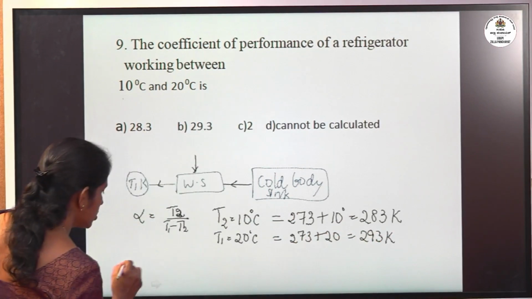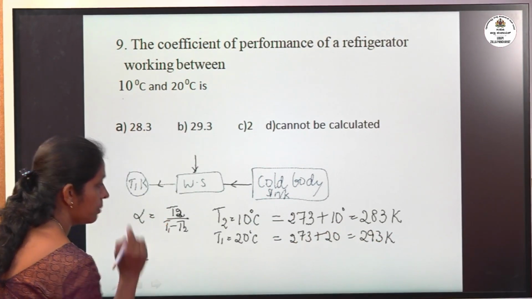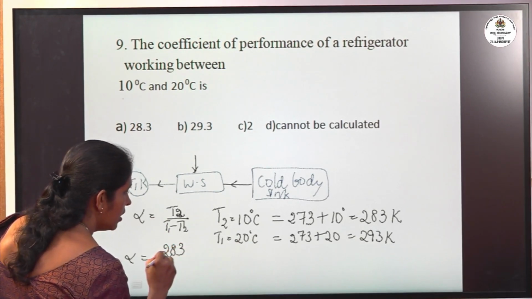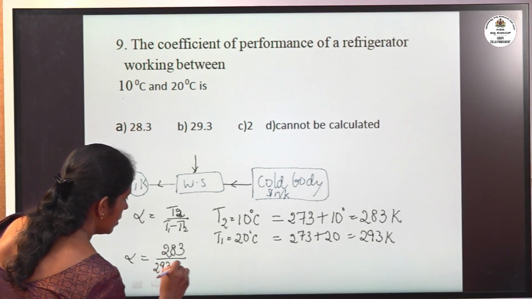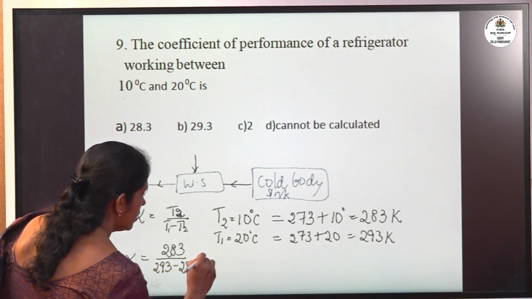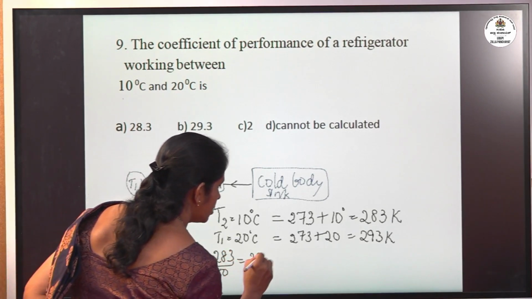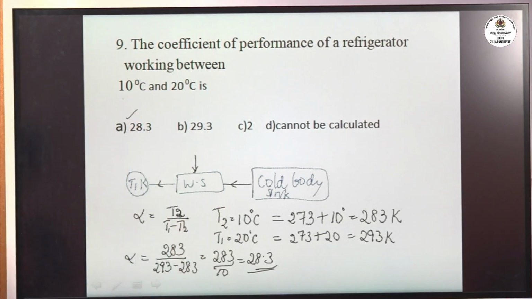Therefore, coefficient of performance of the refrigerator is T2 divided by T1 minus T2. T2 is 283, T1 minus T2, 293 minus 283, which is equal to 283 divided by 10, or 28.3 is a correct answer. Option A is correct.